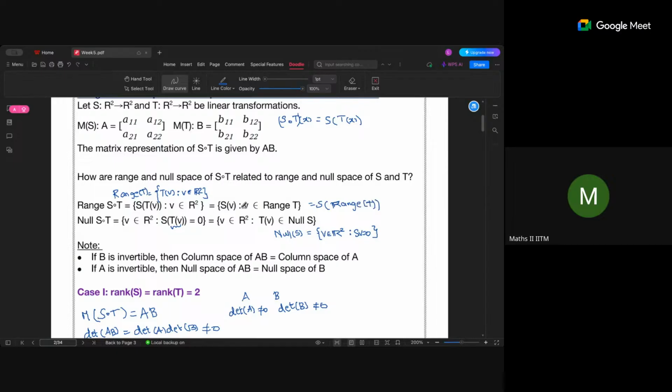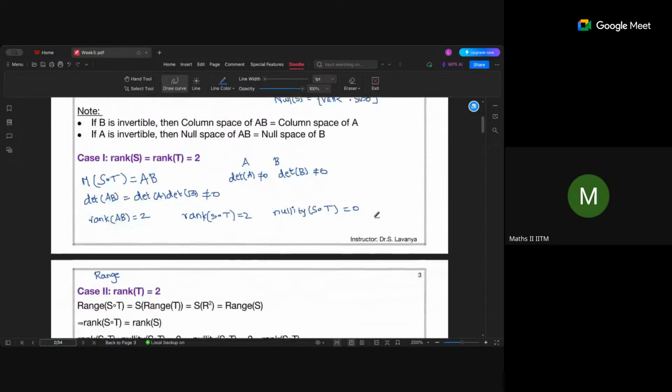Do you all understand? Because the input are nothing but the elements from range of T, so I have written S of range of T. Is this fine for everyone? Yes, ma'am. Okay.